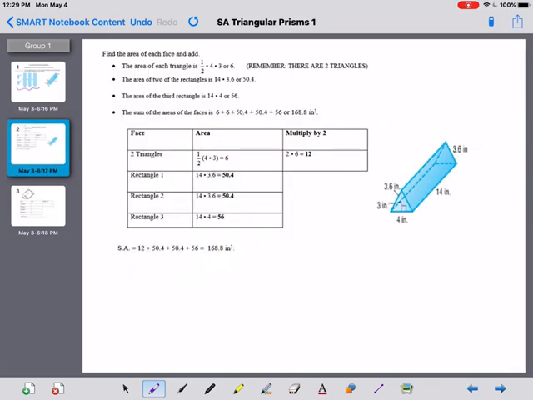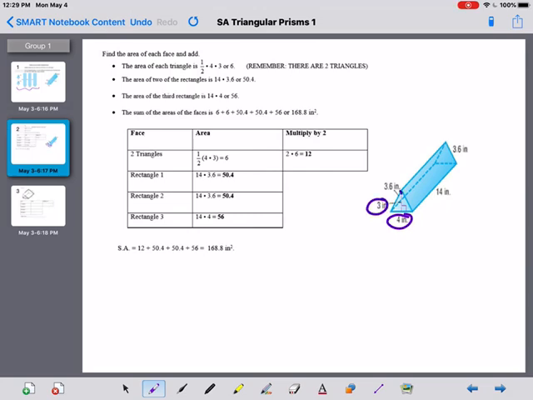In this next piece, we have a chart set up, and let's take a look and see where all this information came from. If you take a look at the two triangles, either the front or the back, again, we said that the area of the triangles is going to be the same. You can see that the base of the triangle is 4 inches.